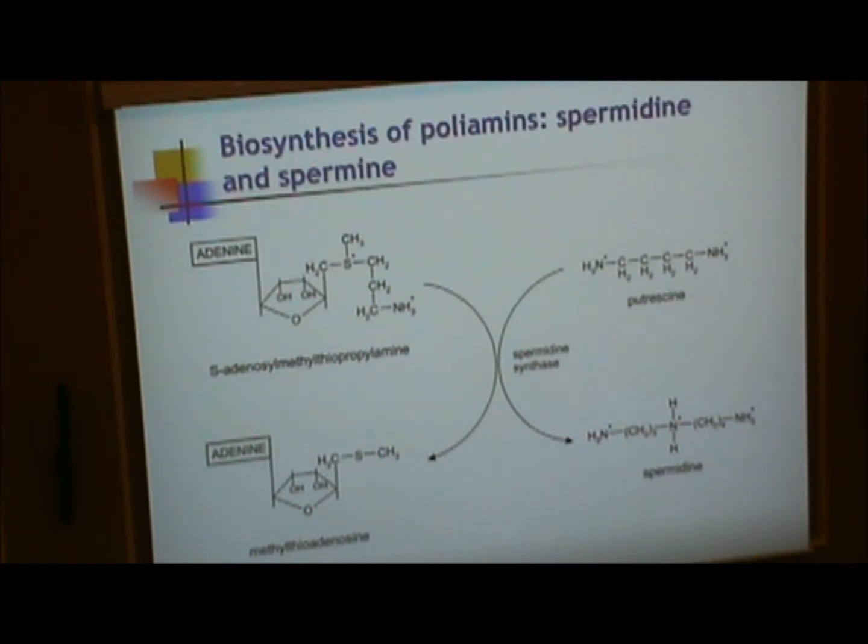They are polyamines. So ATP interacts with methionine, forming S-adenosylmethionine. S-adenosylmethionine is decarboxylated, forming S-adenosyl thiopropylamine.